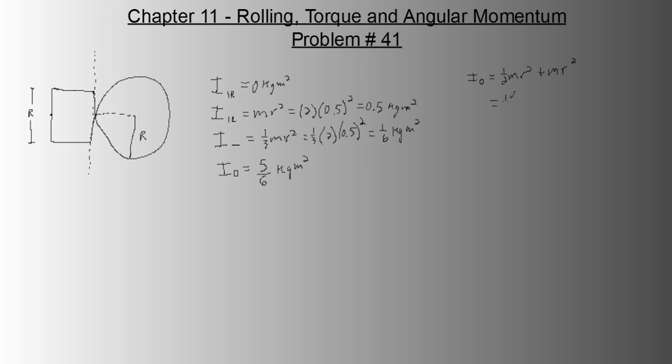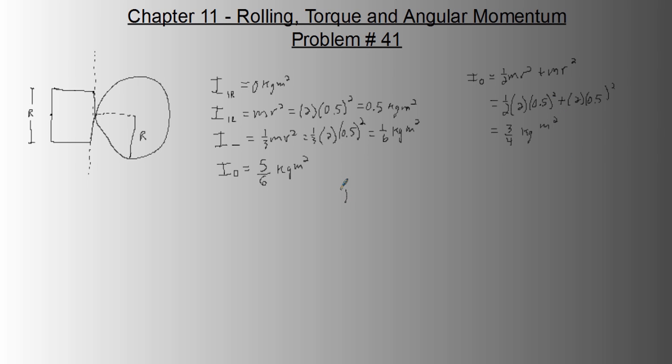So that just becomes 1/2 times 2 times 0.5 squared plus 2 times 0.5 squared, and that equals 0.75 or 3/4 kilogram meters squared.